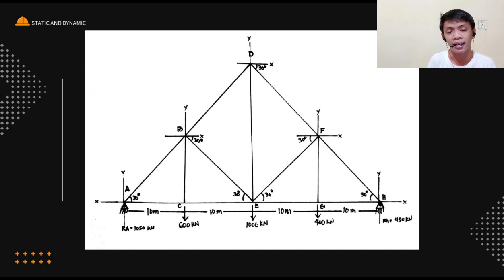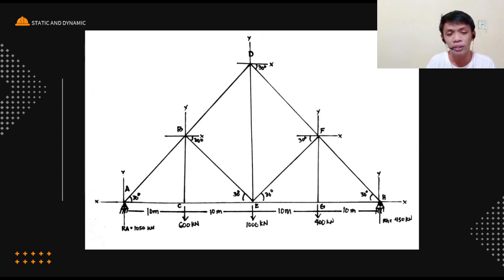Tapos dun sa member BD naman, i-assume natin na siya ay compression. Ang tension ay papalayo, while yung compression naman ay papasok. If ang value na makukuha natin sa dalawang member na to ay magiging negative, meaning baliktad yung assumption natin. Since tinamaan din si member BE, i-assume na natin na siya ay compression din.